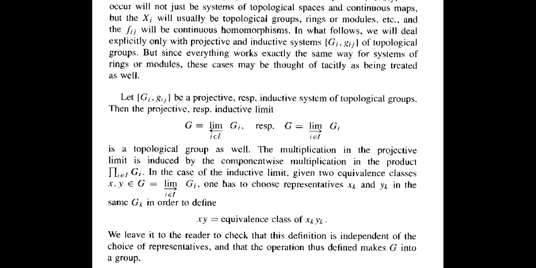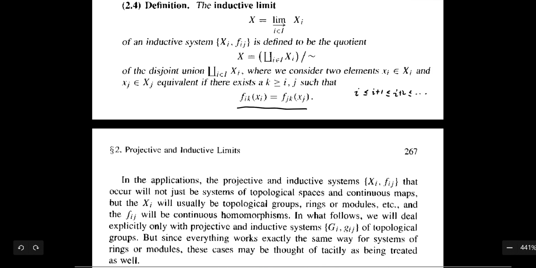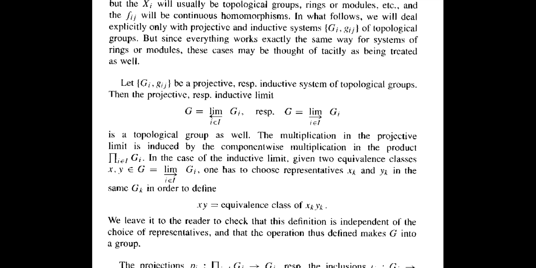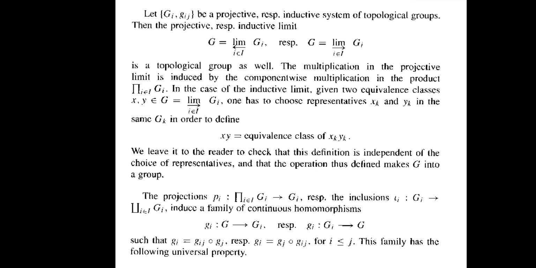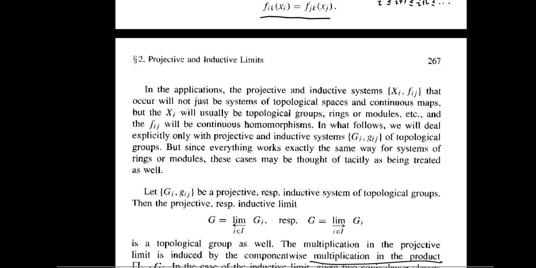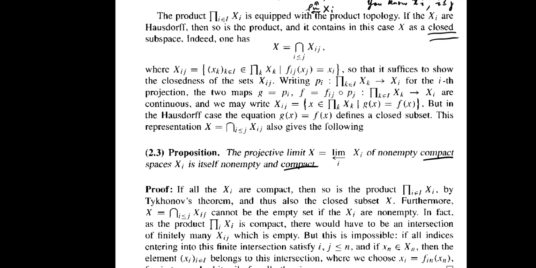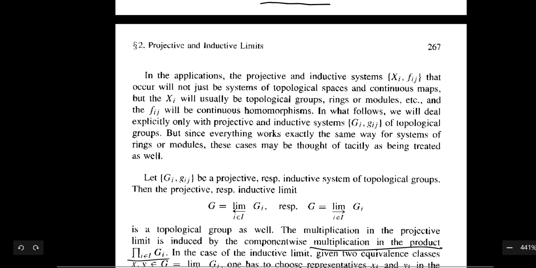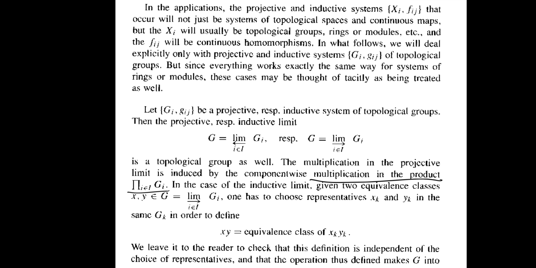The multiplication on the projective limit is induced by the component-wise multiplication in the product, because, as we said and saw, it is a closed subspace of the product. So we just induce the multiplication from there.